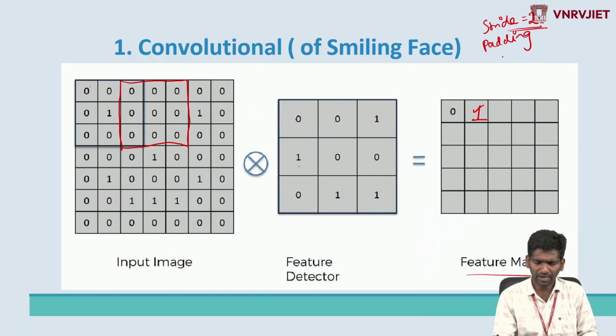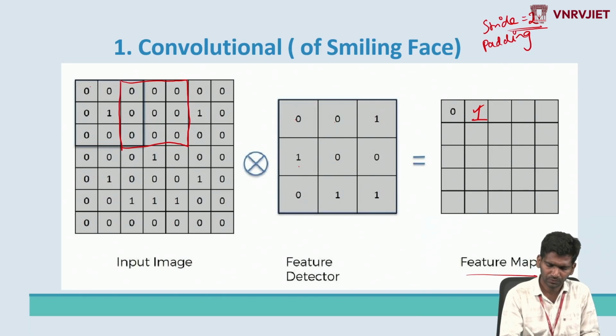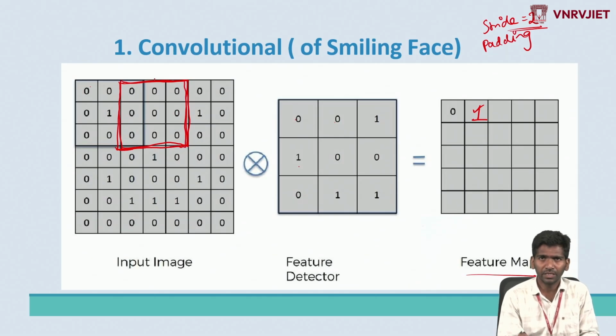Then what is padding? If the stride is 2, as said, I'll be considering this area in the input image. So what about the remaining part of the image? What values are there?